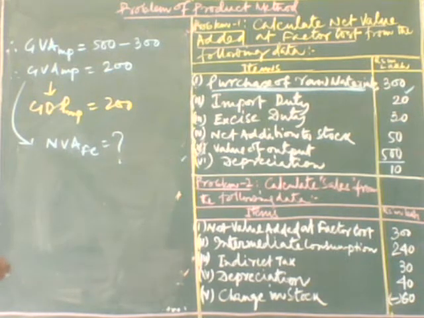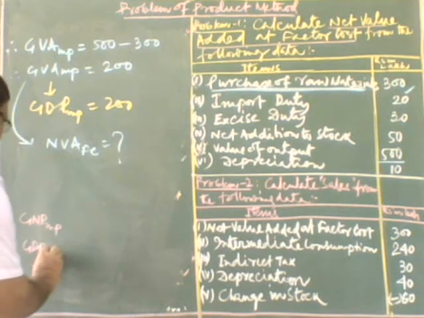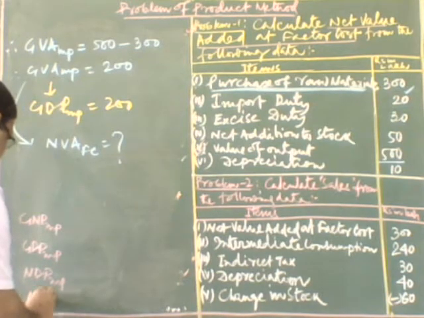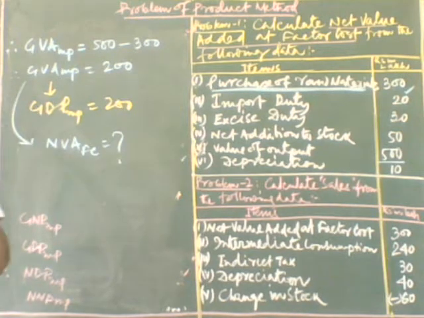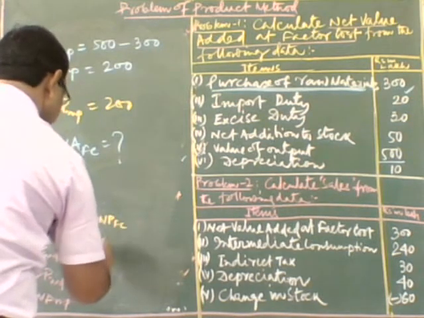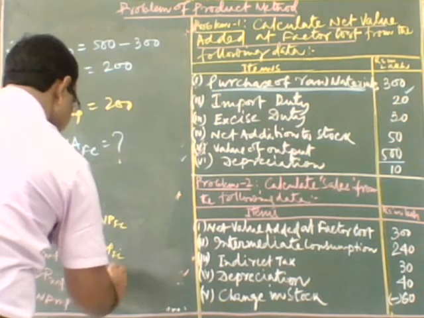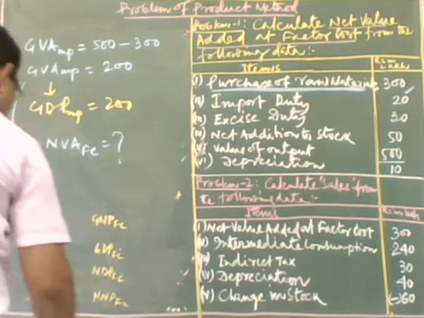So what is this aggregates of national income chart? That is GNP market price, GDP market price, NDP market price, NNP market price, GNP factor cost, GDP factor cost, NDP factor cost, NNP factor cost.